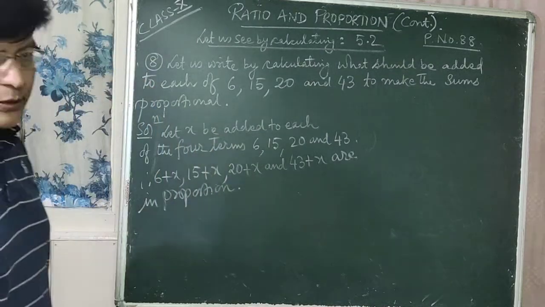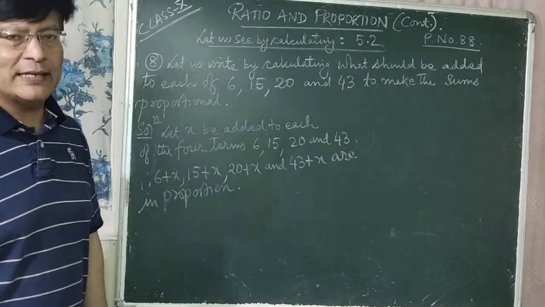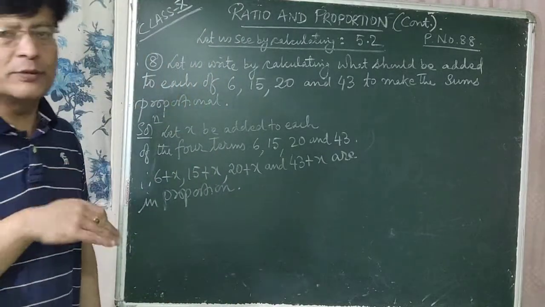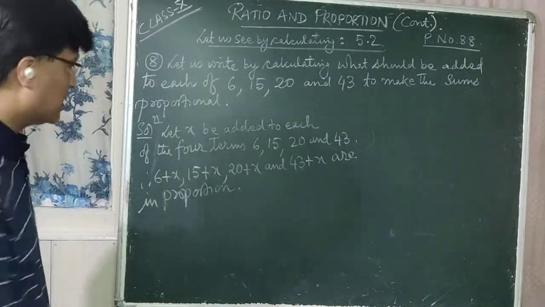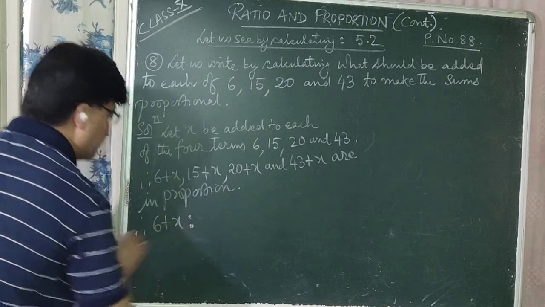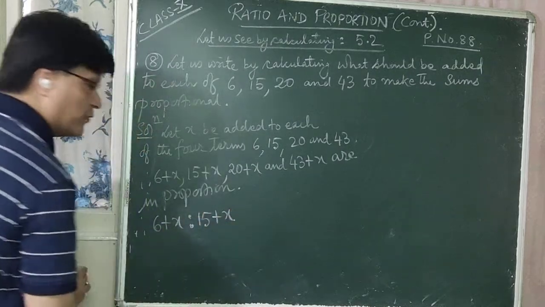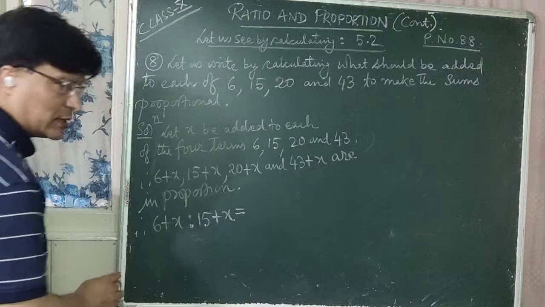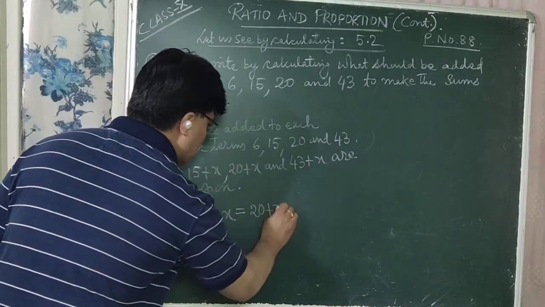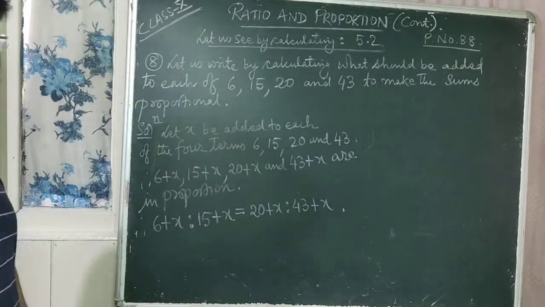Are in proportion, right? Now if they are in proportion, we can write that the ratio of the first two terms is equal to the ratio of the next two terms. So 6 plus x is to 15 plus x is equal to the ratio of the next two terms, 20 plus x is to 43 plus x.